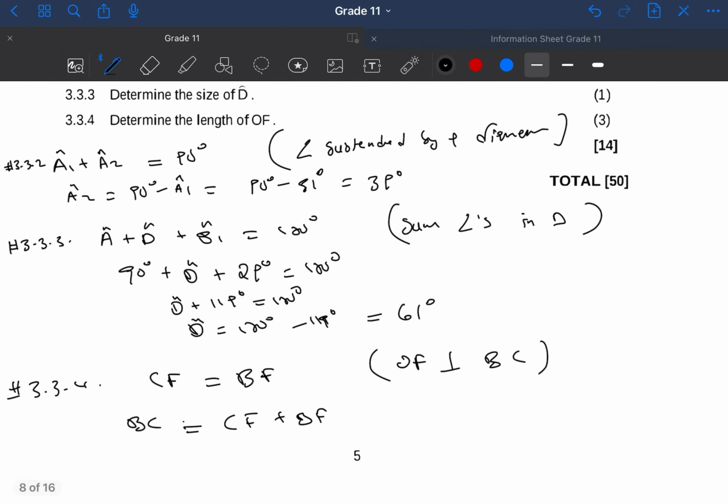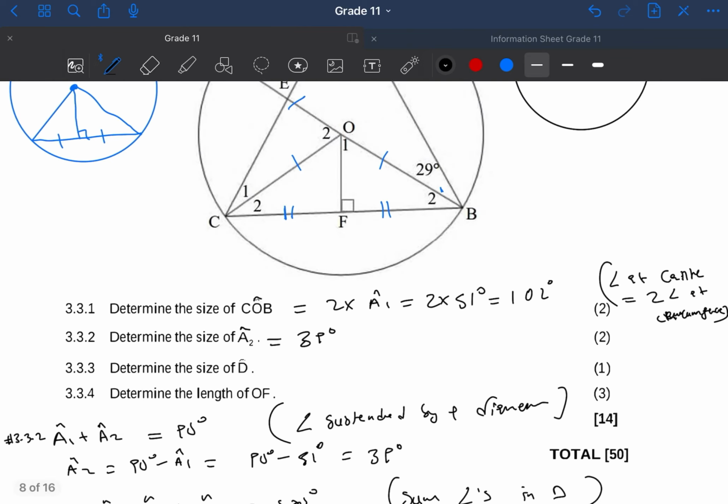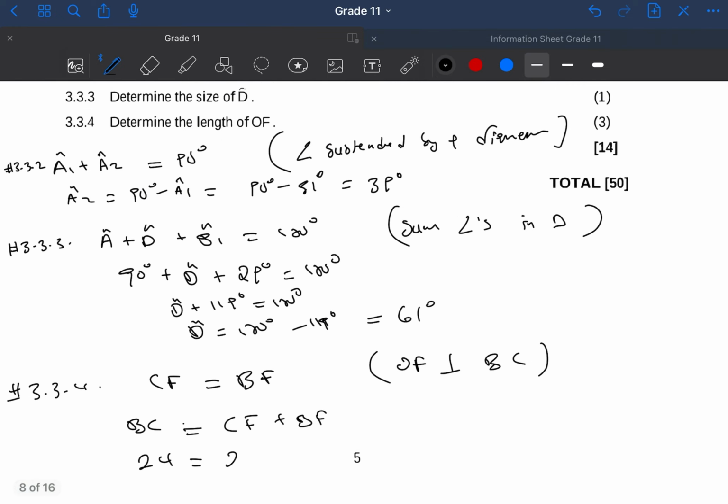So 24 is equal to CF plus BF, it's the same thing, right? So it's equal to 2 times BF, because CF is equal to BF. So we're solving for BF here, and you can divide by 2 on both sides, so it'll give you BF is equal to 12. So BF is 12 meters.